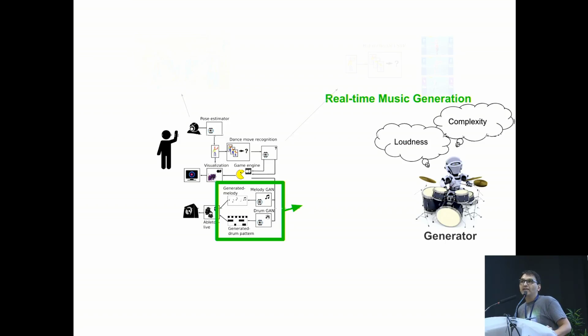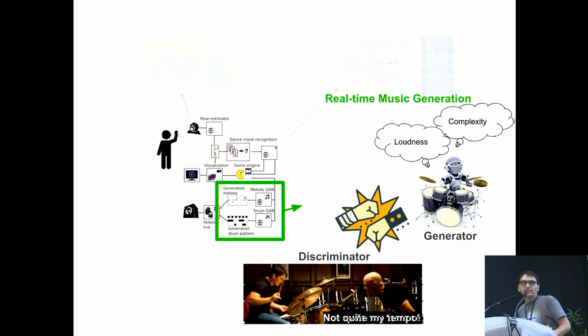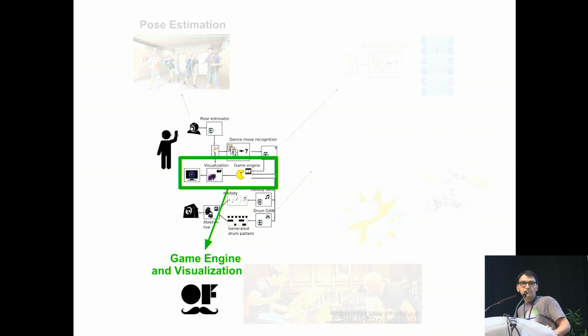And to learn to generate musical patterns, it has to compete with the discriminator network that can distinguish between generated patterns and real patterns from professional musicians. And to win this game, our generator has to generate music like the professional musicians. So this way, it learns to generate realistic musical patterns.